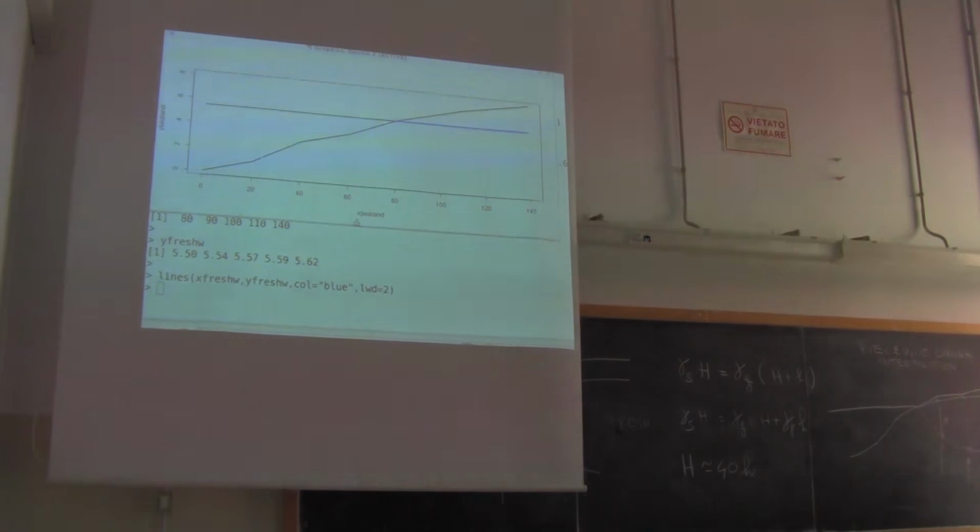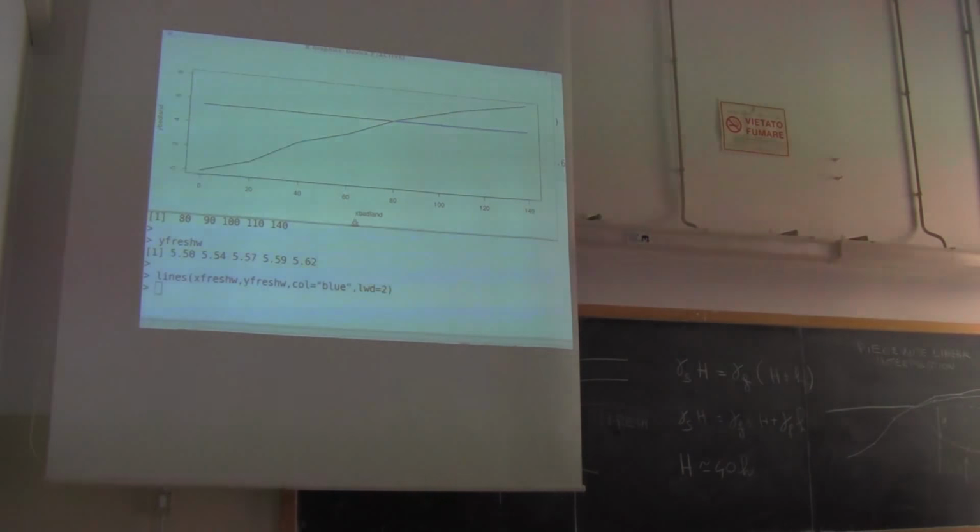The first thing that I have to do is to increase the number of points here. So not to use only 5 points to describe the profiles from 80 to 140, but increase the number of points through linear interpolation.